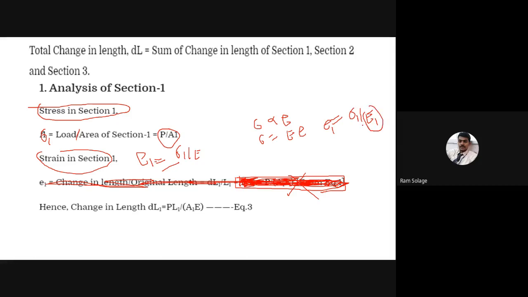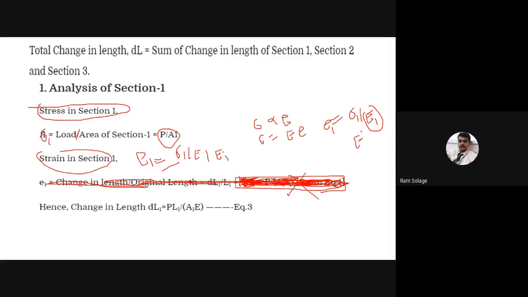When do we have to take E1 and when do we have to take E? Who will give the answer? Sometimes we are giving E, or sometimes instead of E, we can put the E1 value, when the sections are made up of different materials. Correct. Whenever in a problem they mention section 1, section 2 and section 3 made up of different materials, at that time we can take E1, E2 and E3.